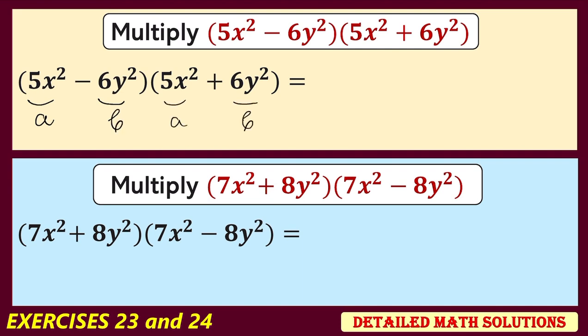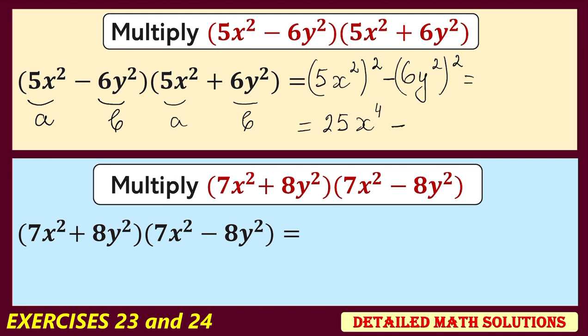And when I use it, this equals 5x squared in parentheses squared minus 6y squared in parentheses squared. This equals 25x to the fourth power minus 36y to the fourth power.